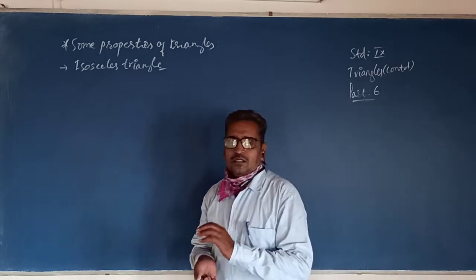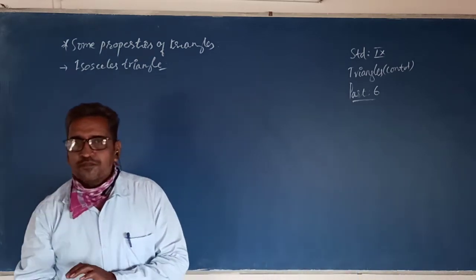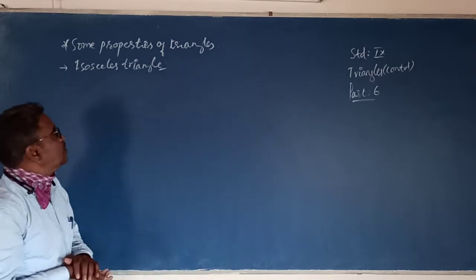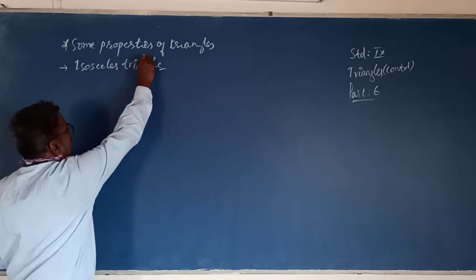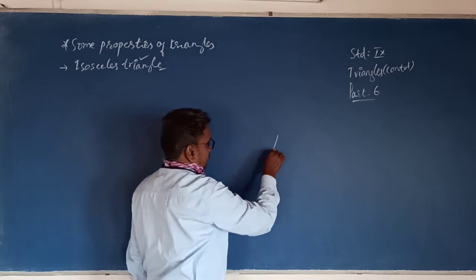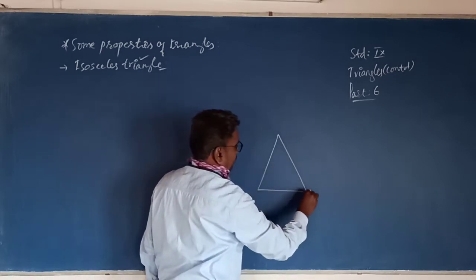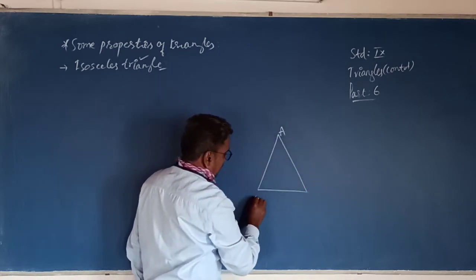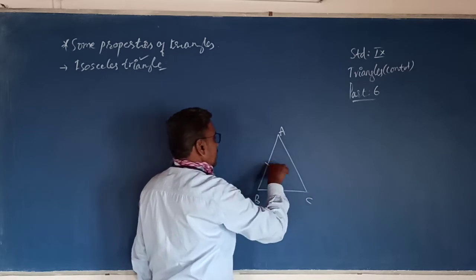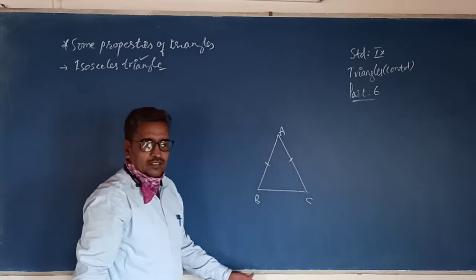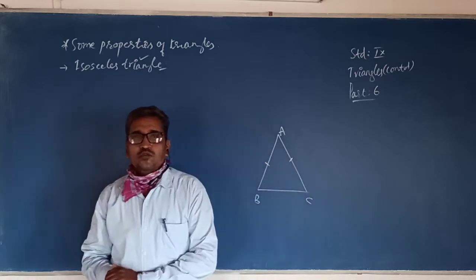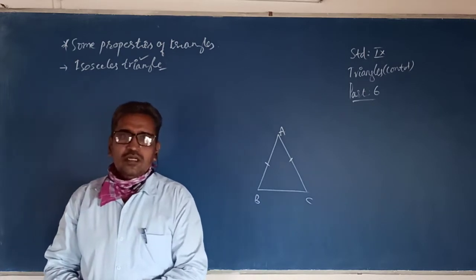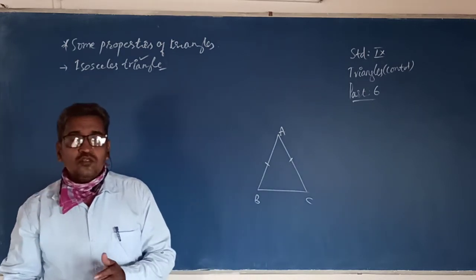In that, some particular properties are there for the isosceles triangle. ABC is a triangle where AB equal to AC. It means if two sides of a triangle are equal, then the triangle is said to be an isosceles triangle.